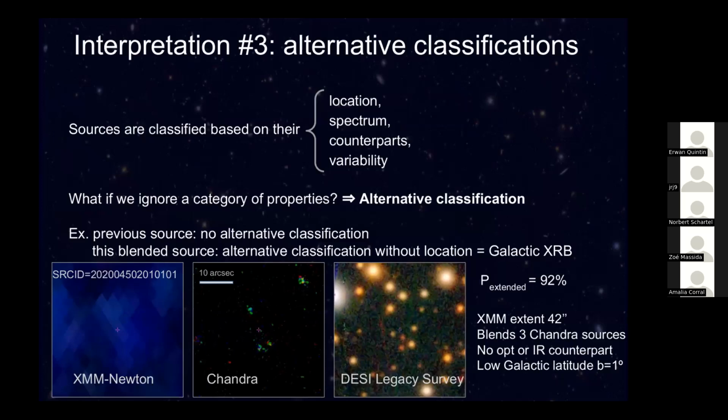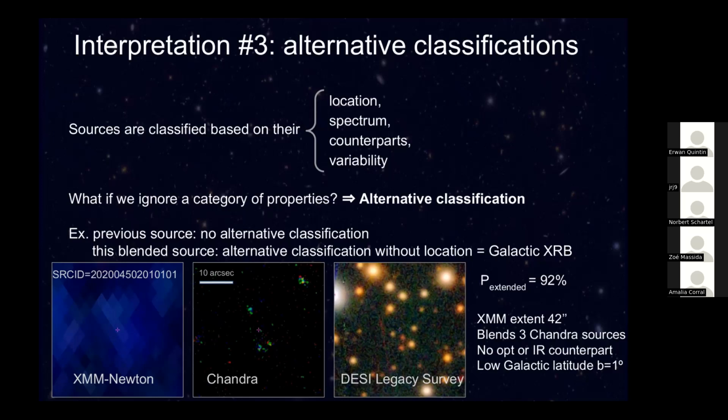We also provide alternative classifications. Basically, if you just ignore features of one of these four categories and you have a different classification, then it is present in the alternative classification column. You see, for example, that this source, it's not very well visible, but you have an extended source in X-ray, in XMM-Newton, corresponding to 3 sources in Chandra, and to a crowded field in the DESI Legacy survey.